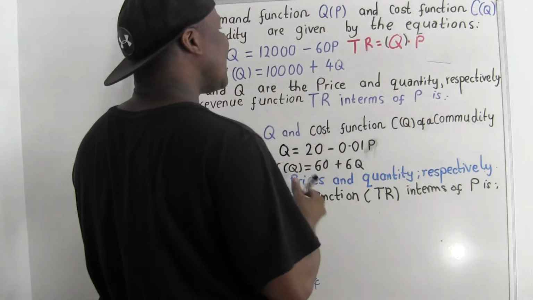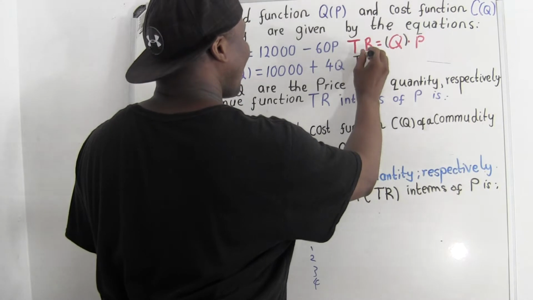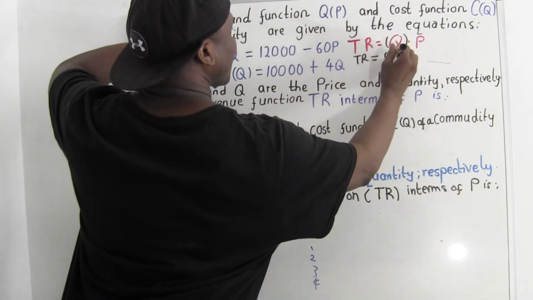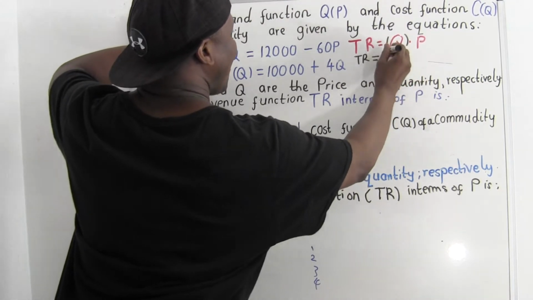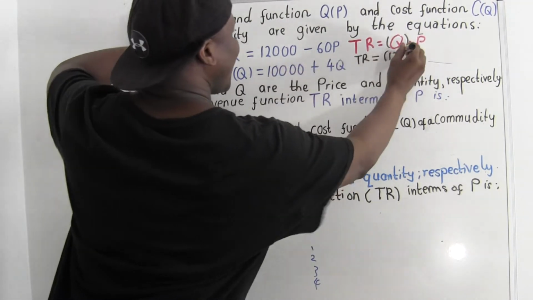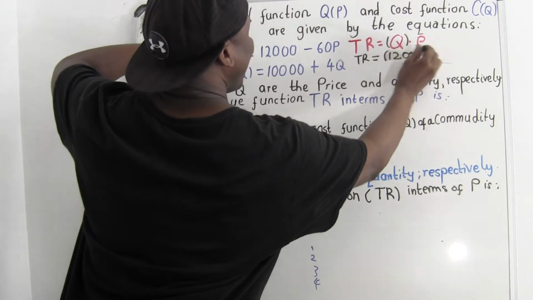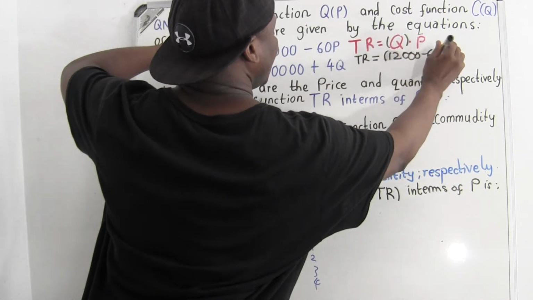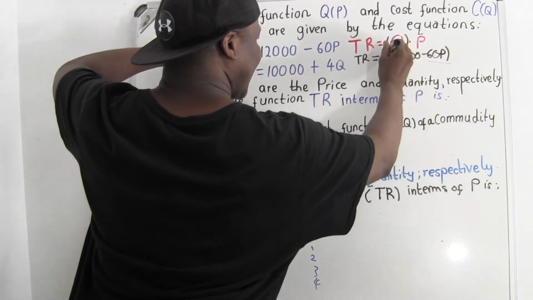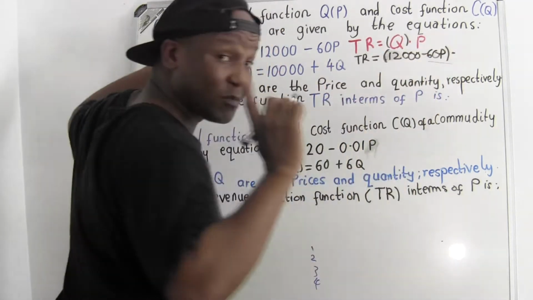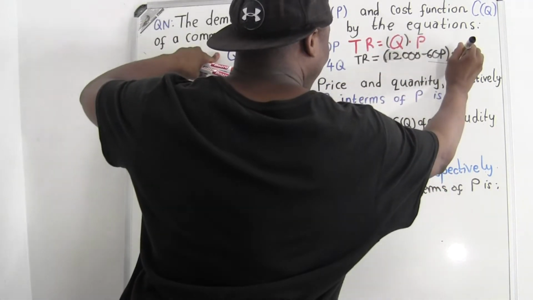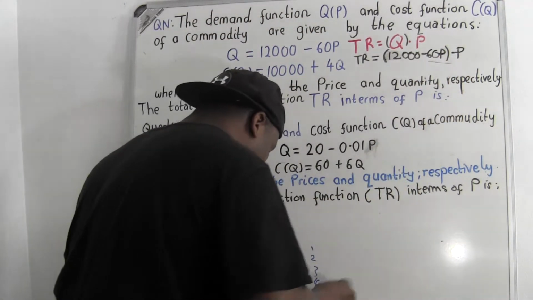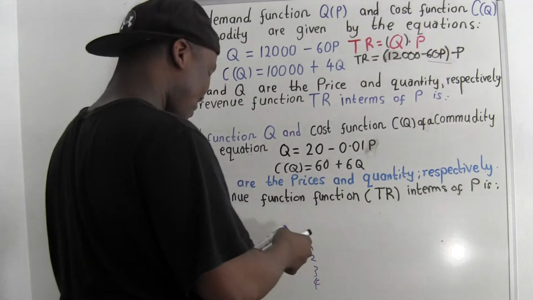So total revenue equals, replacing the quantity, a bracket of 12,000 minus 6P, close the bracket, then multiply, the dot means multiplication, by P, just P, the price. Now we can simply open the brackets.